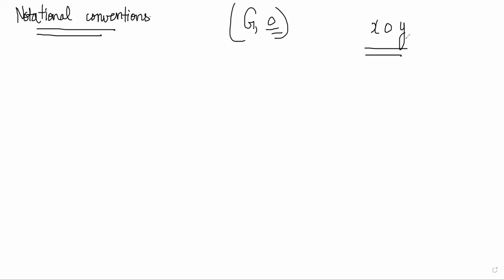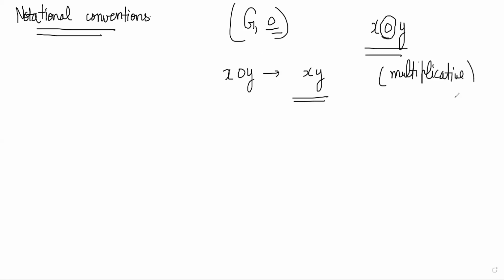But it is annoying to keep writing it like this. So many times people drop this dot. So instead of x dot y, people will write xy. And the group operation is written like a multiplication basically. So this is the multiplicative way in which you are writing the group operation.